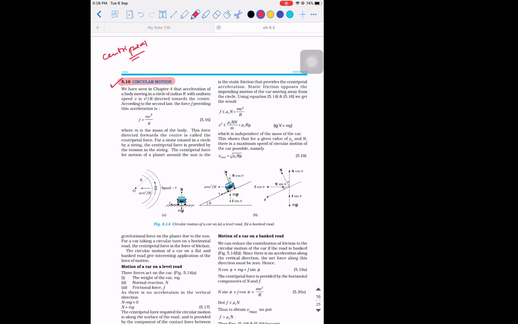When an object is in circular motion, there are two accelerations that are possible: centripetal and tangential. But if the object is in uniform circular motion, it experiences only centripetal acceleration, and the tangential acceleration is not going to exist.